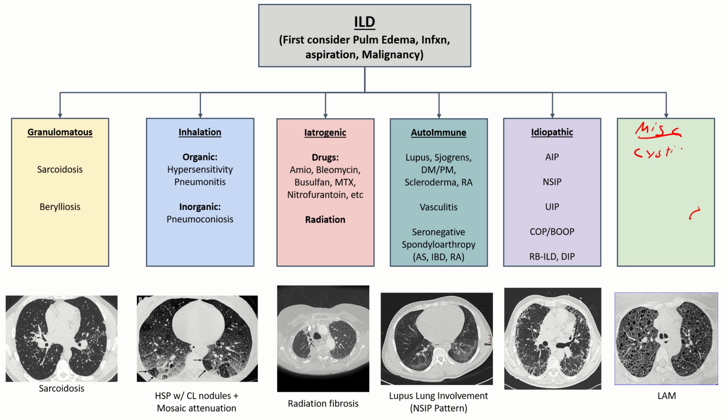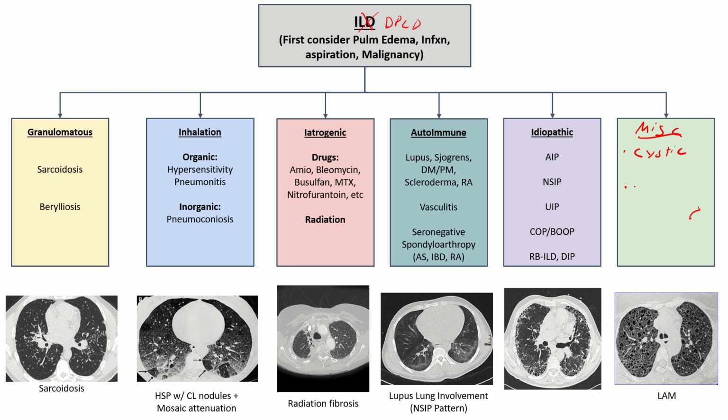So some diffuse parenchymal lung disease, we don't use ILD anymore, can be cystic on CT scan. I think about this especially in your differential if you have eosinophils on your BAL. BAL is a pretty important workup for diffuse parenchymal lung disease, DPLD.